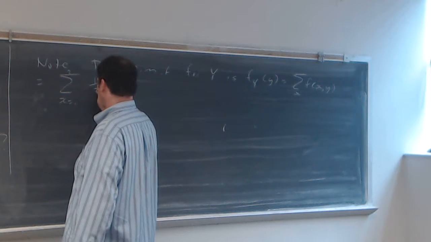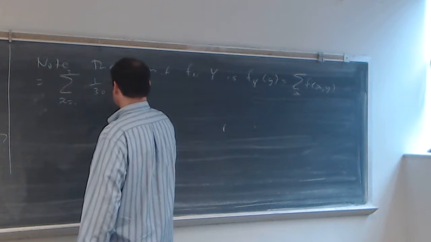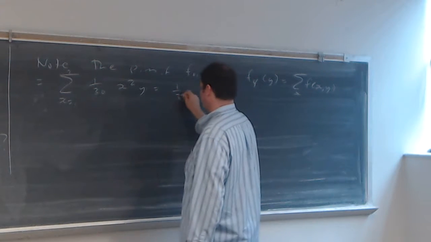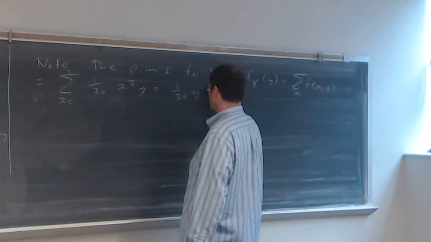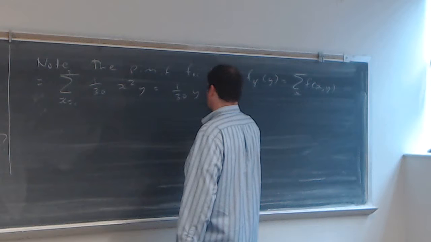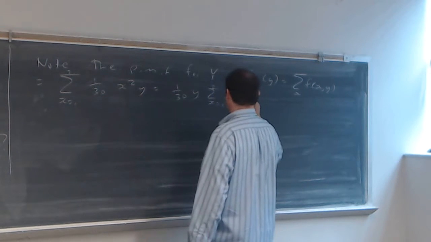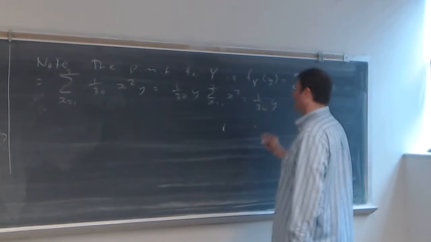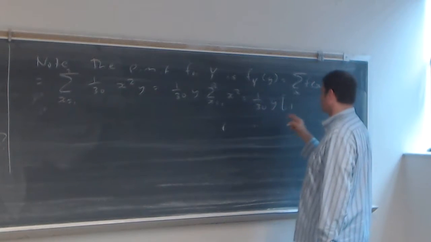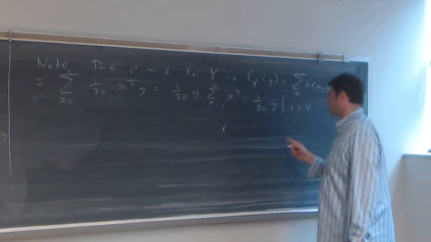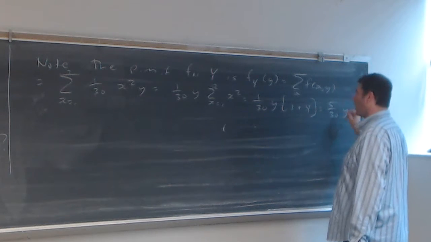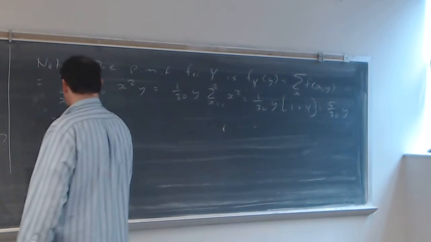It was 1 over 30 x squared y, and then the 1 over 30 can be taken out as a constant, and here we have the sum as x runs from 1 to 2 of x squared, times 1 over 30 y. When I let x be equal to 1, I just get 1 squared, which is 1, plus 2 squared, which is 4. So I end up getting 5 over 30 y, and that, of course, is equal to 1/6 y.